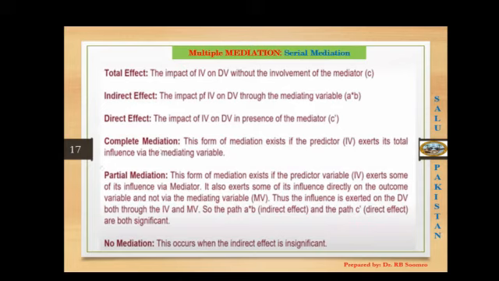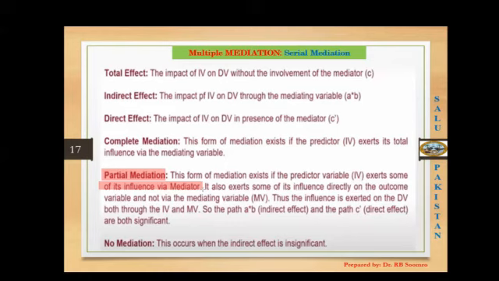Another thing is partial mediation. This form of mediation exists if the predictor, the independent variable, exerts some of its influence via the mediator and some not. That means in partial mediation, the mediation happens in two parts: the independent variable exerts some of its influence on the dependent variable through the mediator, and some of the influence directly without any mediator.